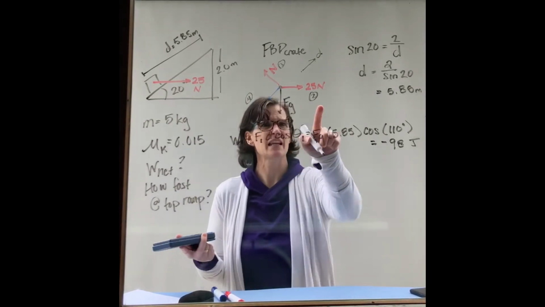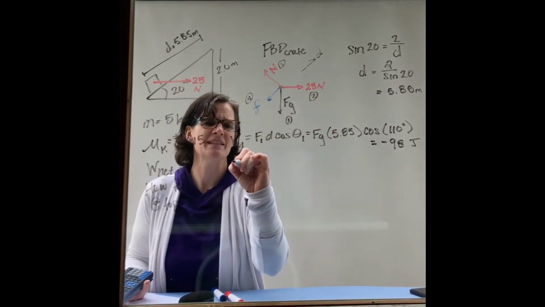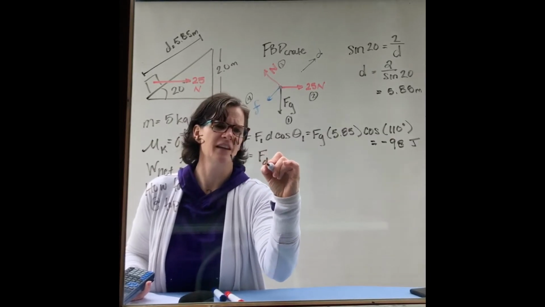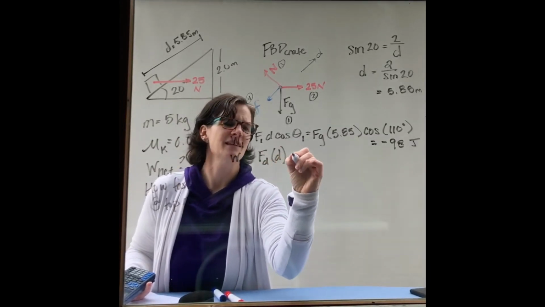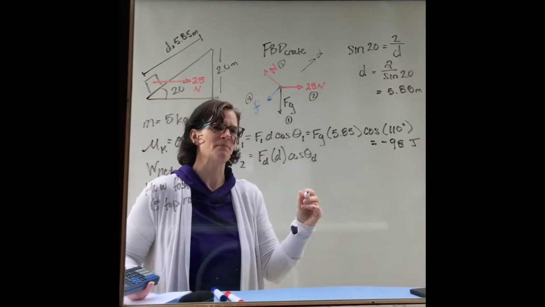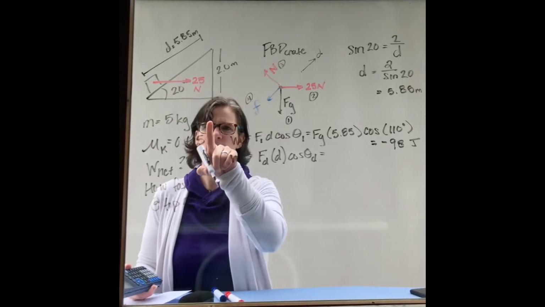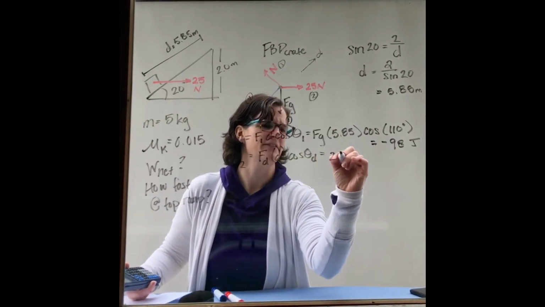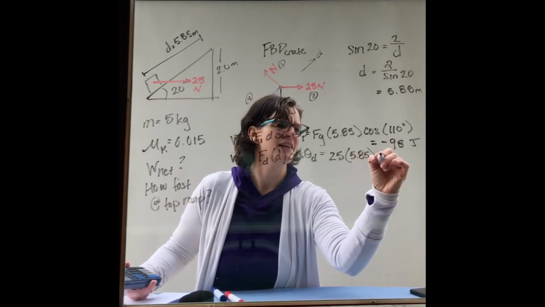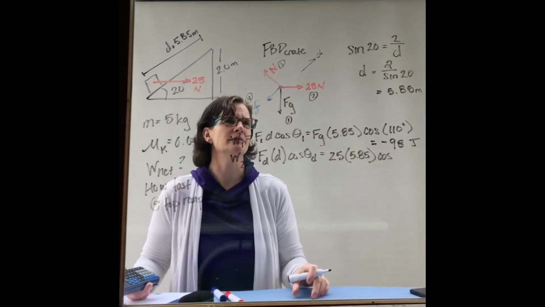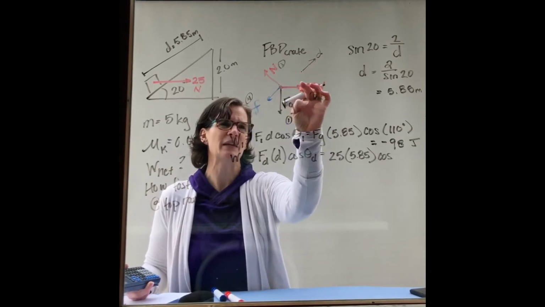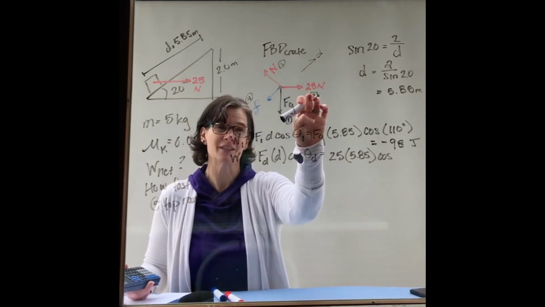All right, next force. The work being done by Doug. Well, that's going to be the force of Doug times the displacement times the cosine of the angle between Doug and the displacement. So our force of Doug, well, we're told he pushes at 25 newtons. Our displacement, again, 5.85. And the cosine of the angle. Well, if this is our displacement, we kind of visually move that down where we can compare it to the force Doug is exerting.